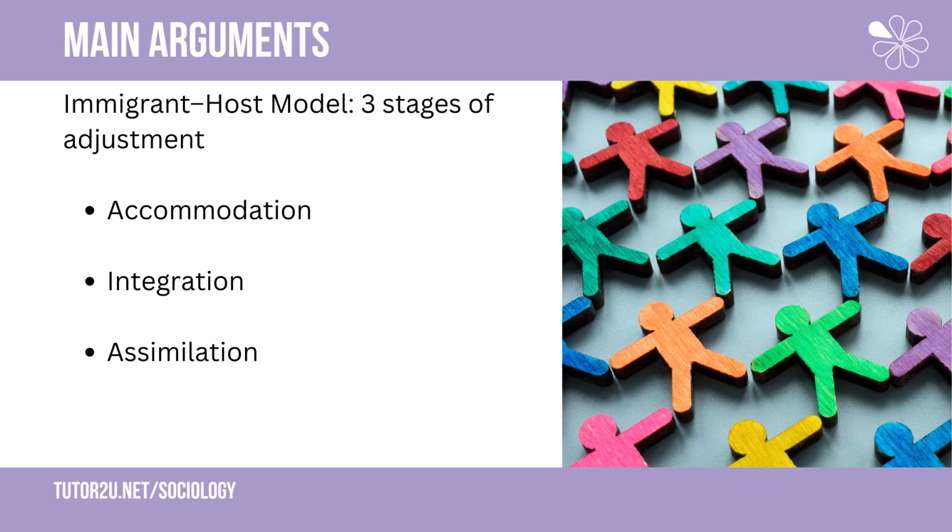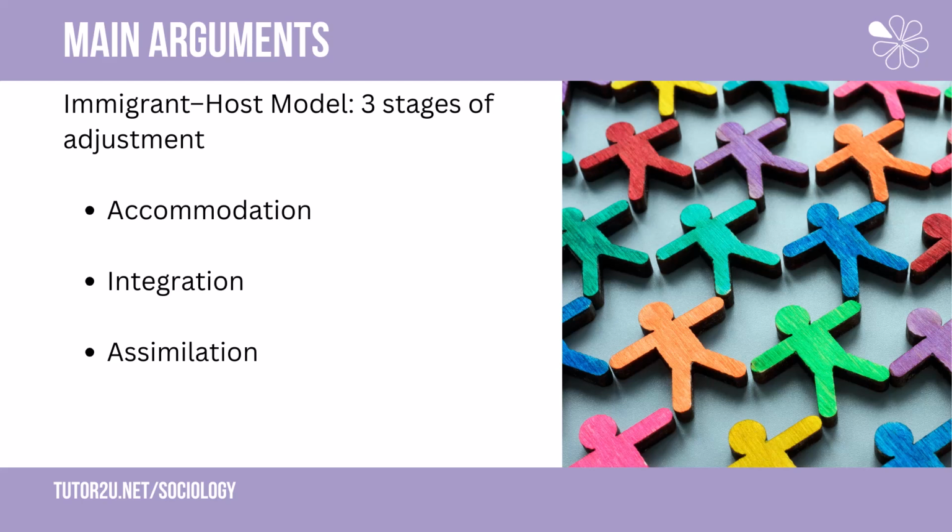Patterson's immigrant host model described a three-stage process through which immigrants adapt to their host society. The first stage was accommodation, which involves immigrants finding work and housing but not fully integrating into wider society. At this point, they adapt superficially to host norms and values, but remain socially distinct.